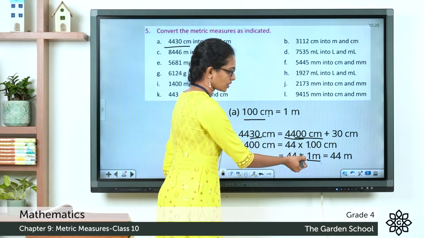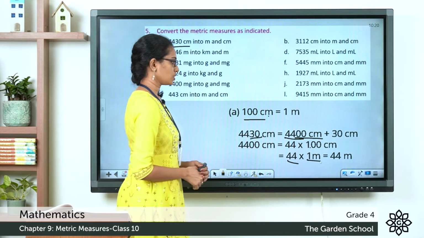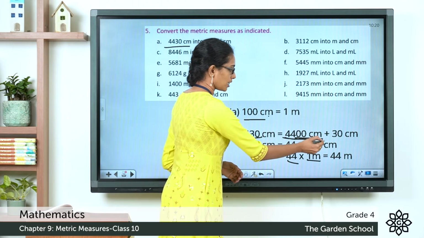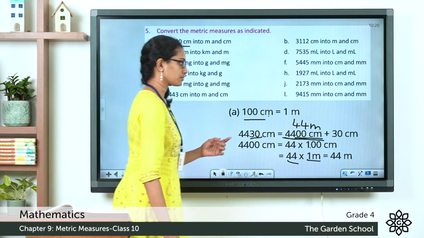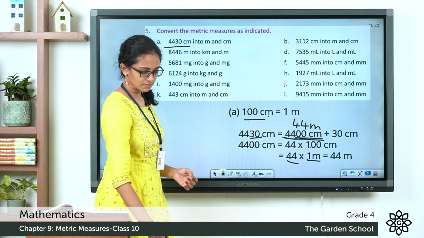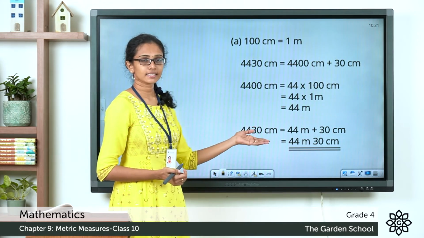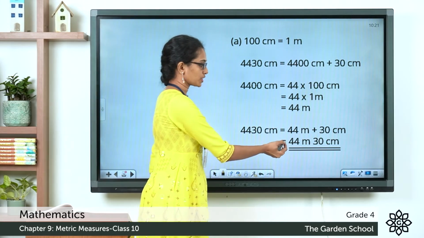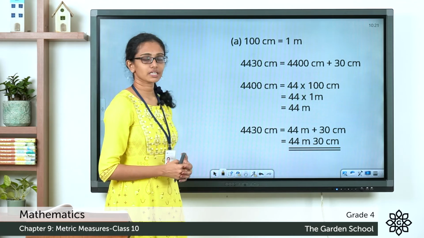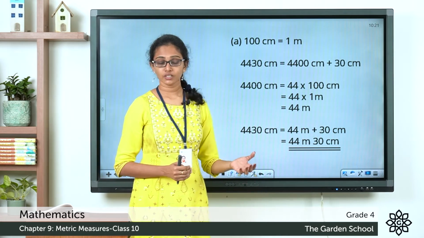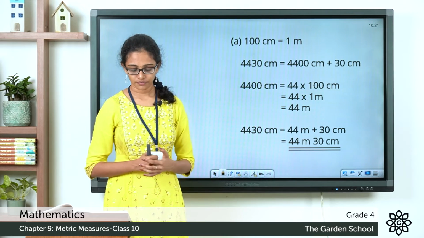So we have 44 into 1, that is 44 meters. So here we have this part converted in terms of meters, and this is equal to 44 meters plus the 30 centimeter we already have in the question. So 4,430 centimeter is equal to 44 meter 30 centimeter. So I hope this conversion was clear to you. Now similarly, you have to complete all the other 11 questions from question number 5.